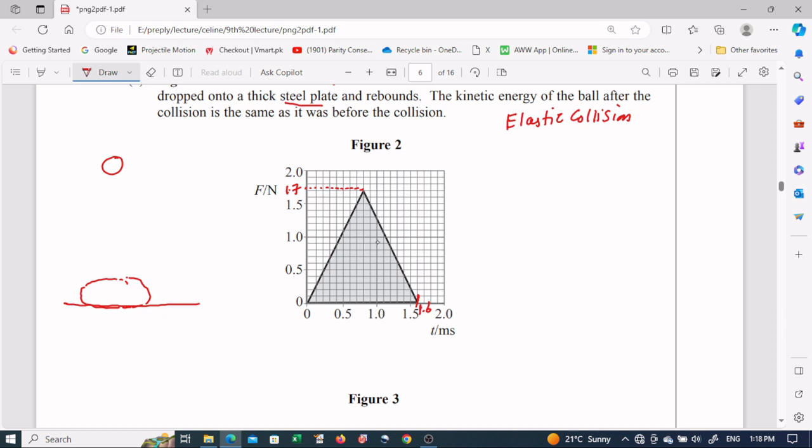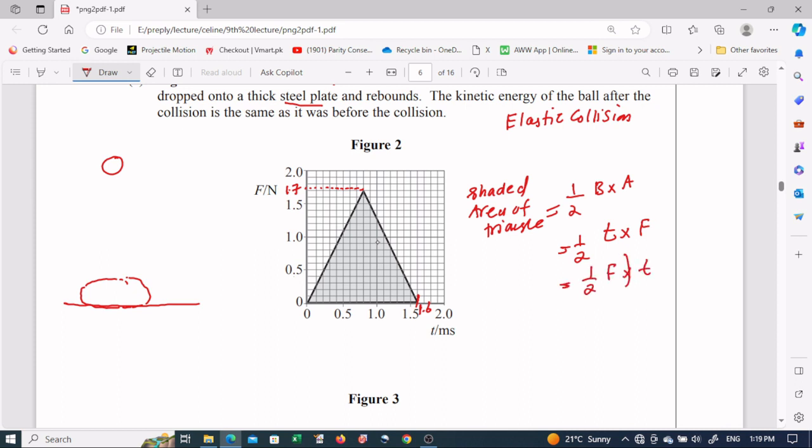You can see that this is a triangle, so the shaded area of the triangle is equal to half into base into perpendicular altitude. The base is time and the altitude is the force. So we can rearrange this as half F into t, which is the average force multiplied by time.